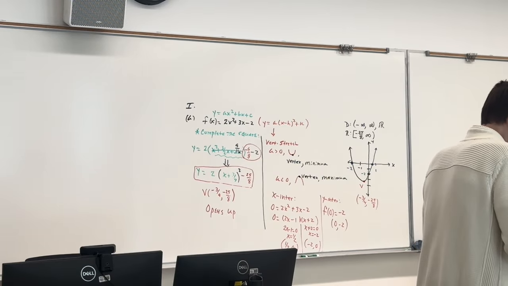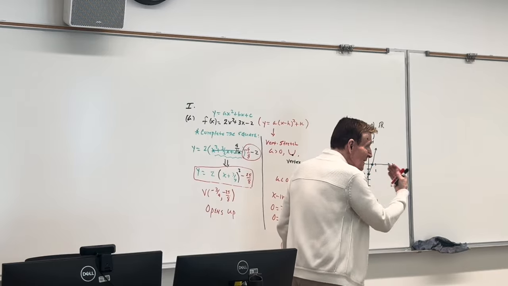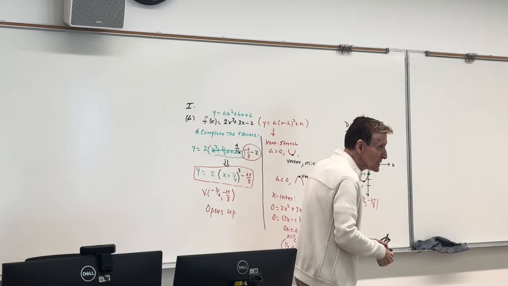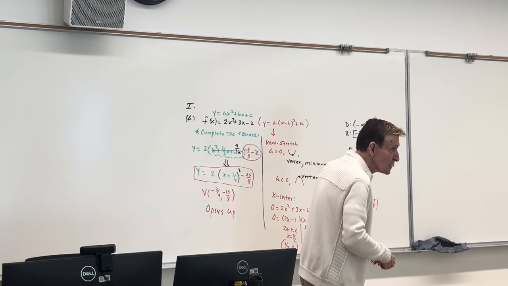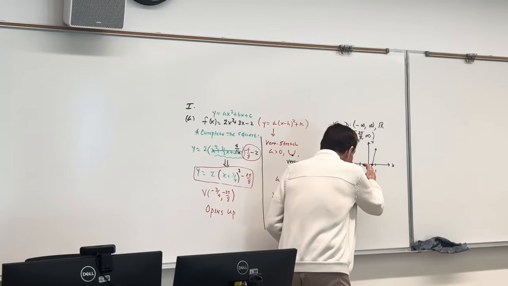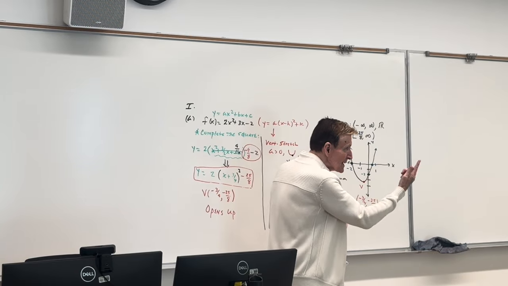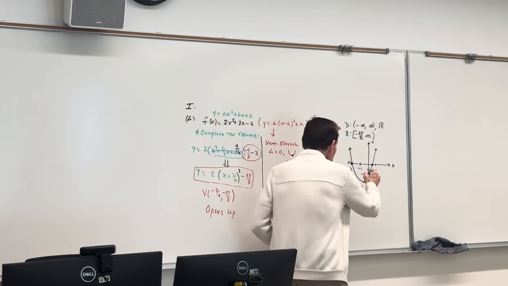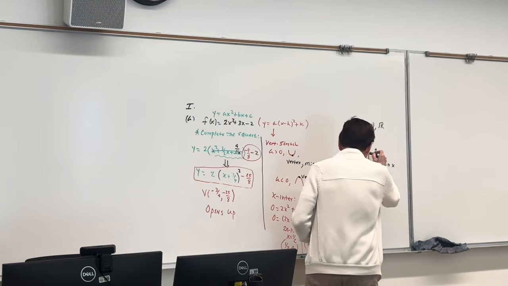But what they want you to do now is spin this around. In other words, push it behind the board and start spinning it. Don't do this in your notes, there's no preview copy. Take that parabola and start spinning it to form a solid that looks something like this.